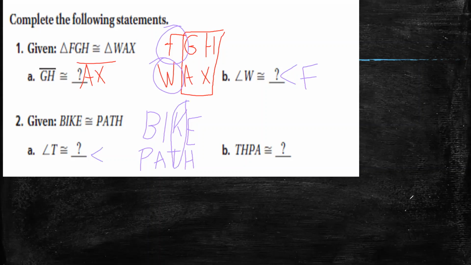It was K. Now, if I say THPA, look at me here, THPA. Ask me now what the corresponding sides will be. I have now PATH, and under it we have BIKE.